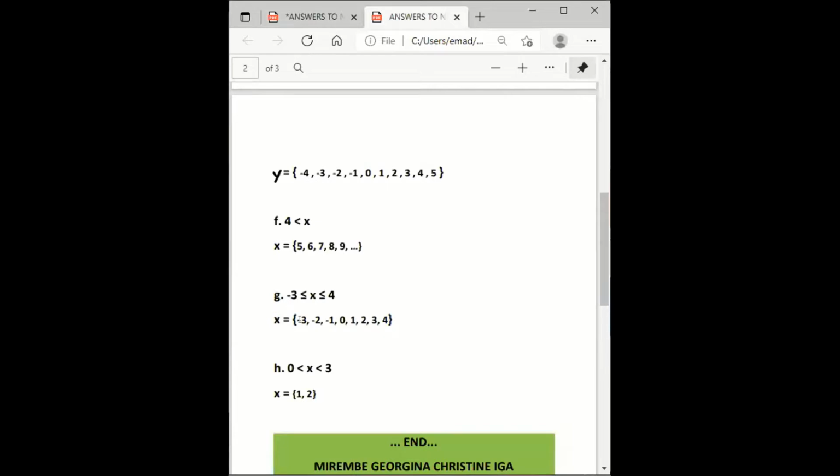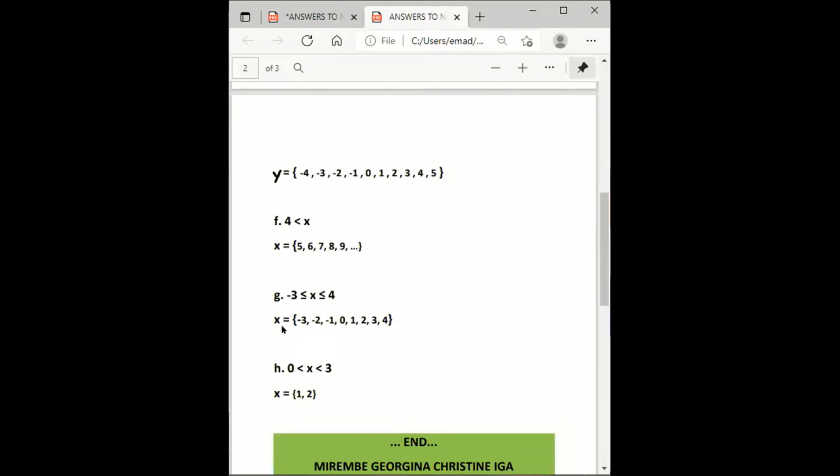I hope I'm clear. The same knowledge is going to be applied on this x and 4. Since the symbol in between both of them has a bar, we are also including 4 in our solution set.